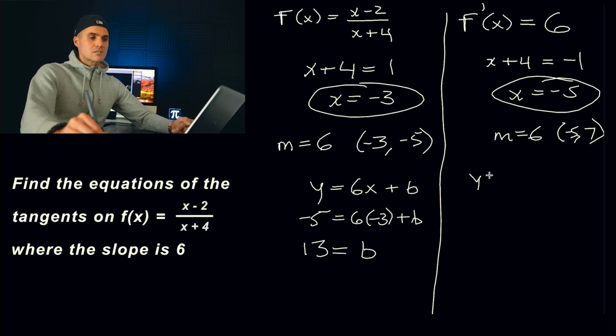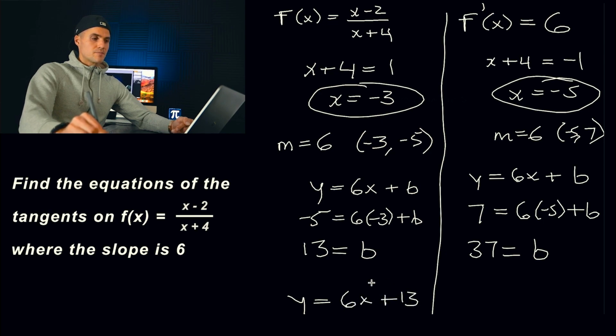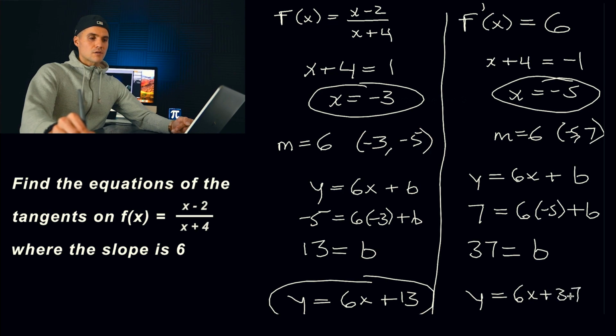Then over here, same process, 6x plus b, plug in 7 for y, and then plug in -5 for x. So then we'll have -30, bring that over, bumps +30, the b value would be 37. And so the equation of this tangent, 6x plus 13, that's going to be one of the tangents, and the other tangent is going to be 6x plus 37.